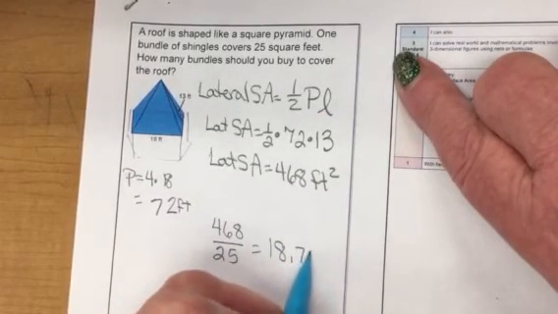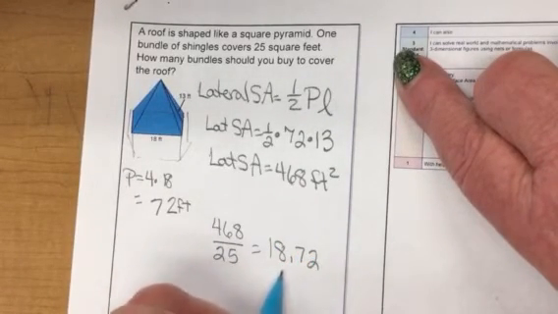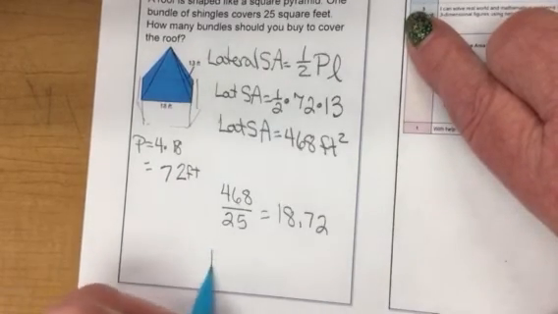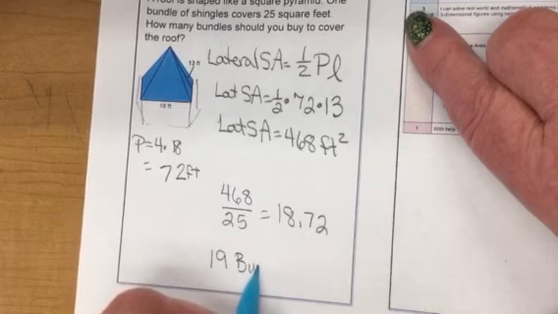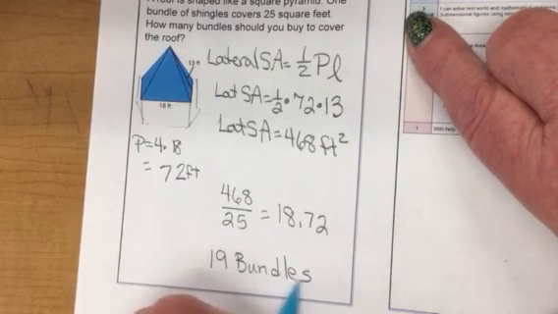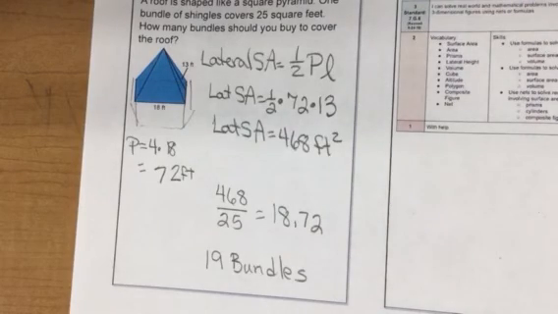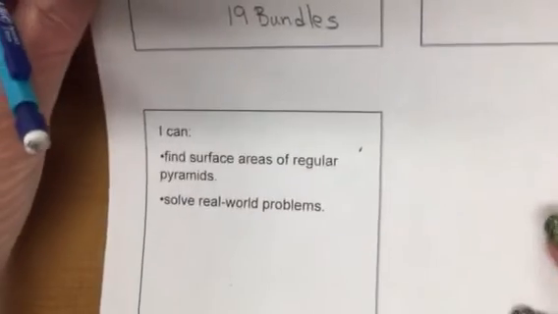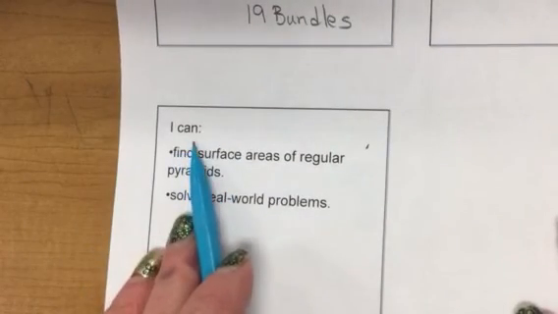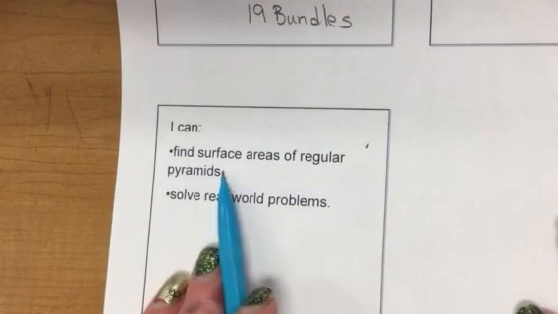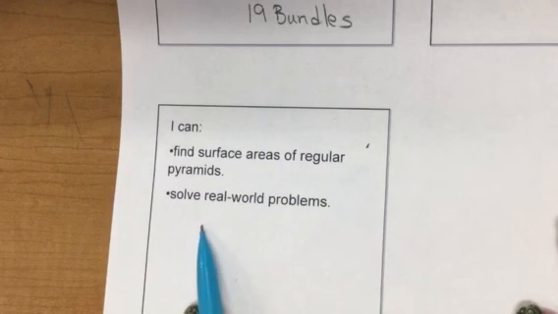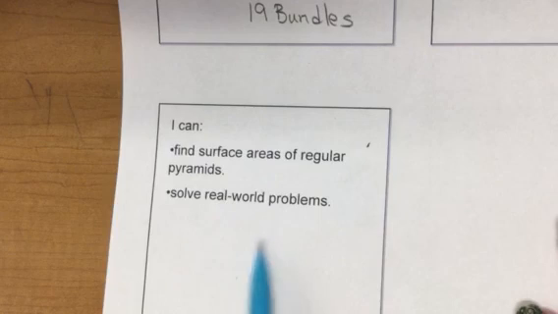Can I get, so how many bundles do I need? I better buy 19 bundles. So I can find surface area of regular pyramids. I can solve real life problems.